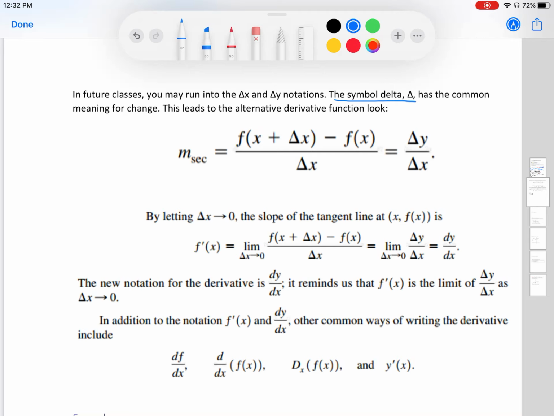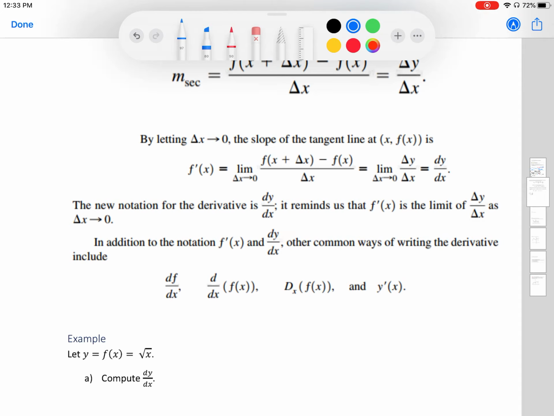It's defined as f of x plus delta x minus f of x divided by delta x, which in return equals change in y over change in x, or delta y over delta x. By letting delta x approach 0, the slope of the tangent line at x on f of x is f prime of x, equal to the limit as delta x approaches 0 of f of x plus delta x minus f of x divided by delta x.